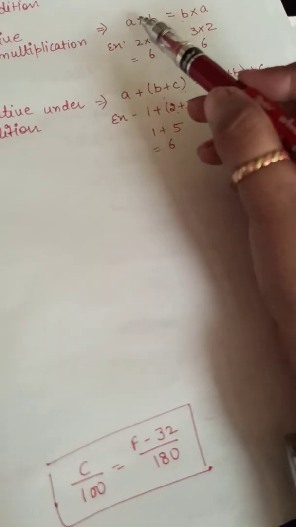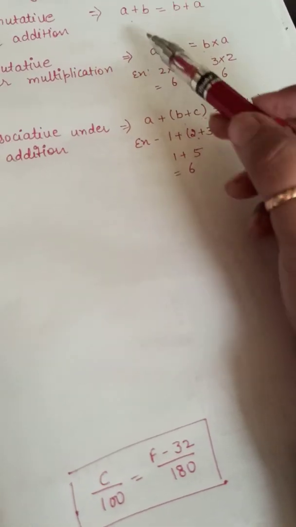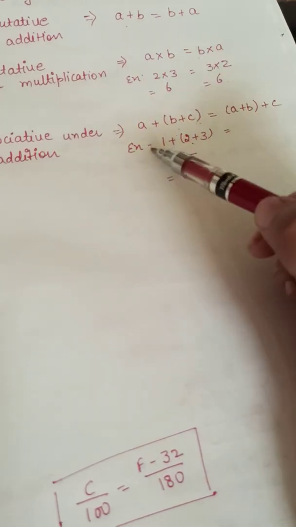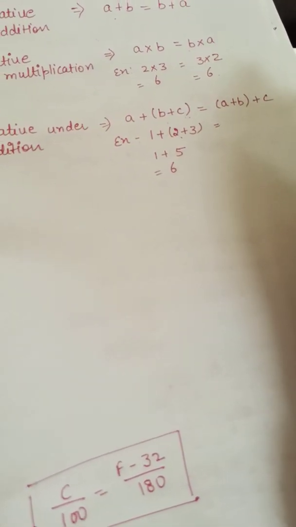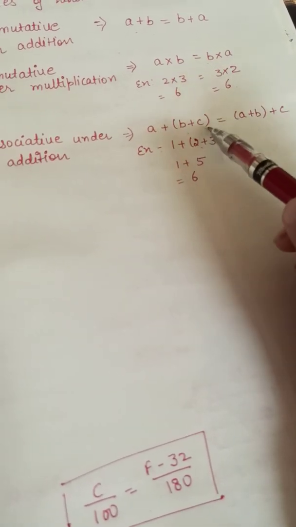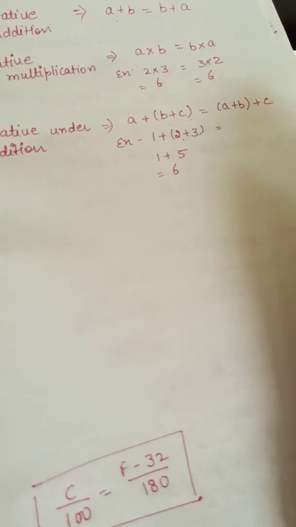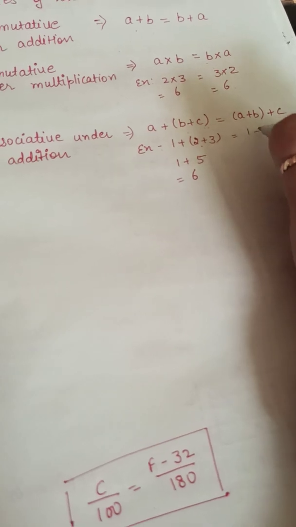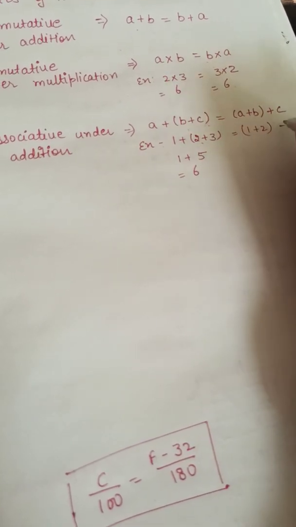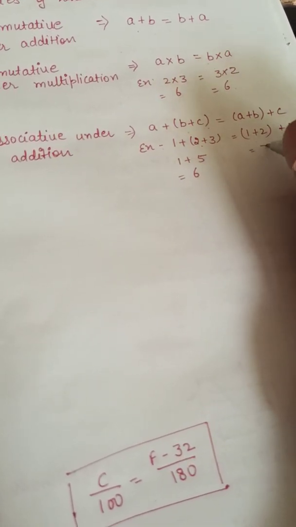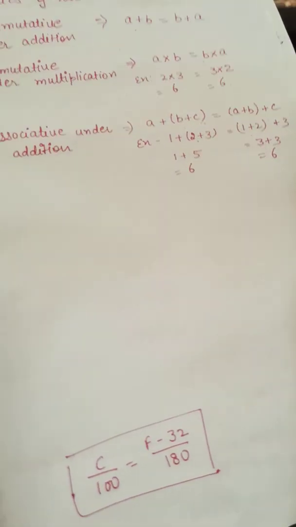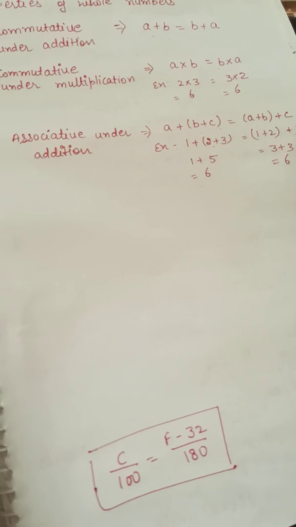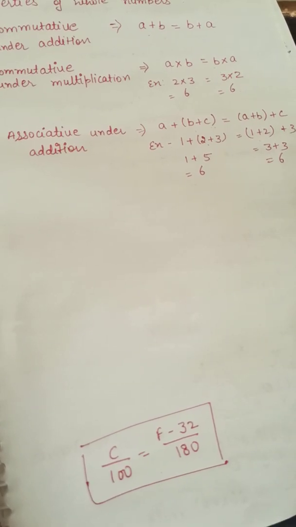Remember, in commutative properties we are changing the order, but in associative the order will not change. 1, 2, 3, first, second, third, same order. Numbers also same. 1 plus 2, 3, 3 plus 3, 6. Answer is same. So clear, associative under addition.